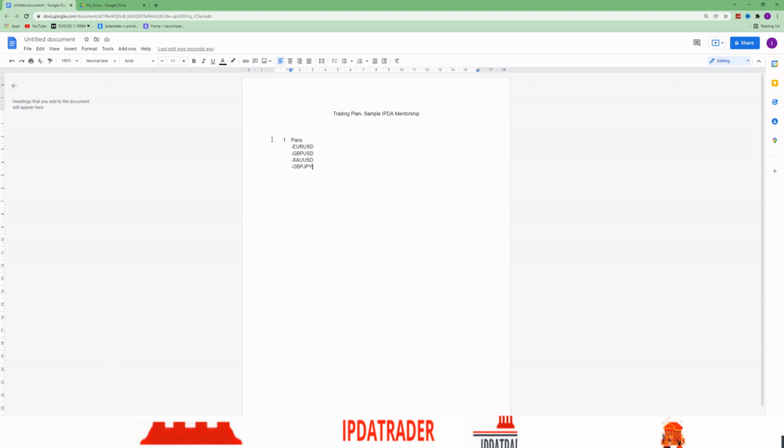Those are the pairs I'm going to choose for this particular trading plan, and that means I'm not going to be trading anything else. If I see a setup in a different pair that is not within my pair list, then I'm going to avoid it. The reason is that you really need to respect yourself and respect your plan in order to make things work. So pretty simple.